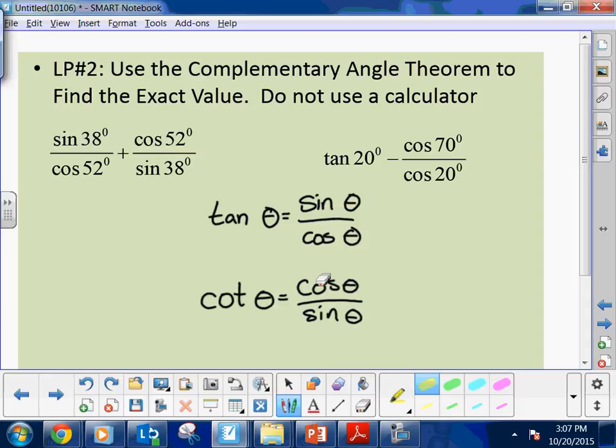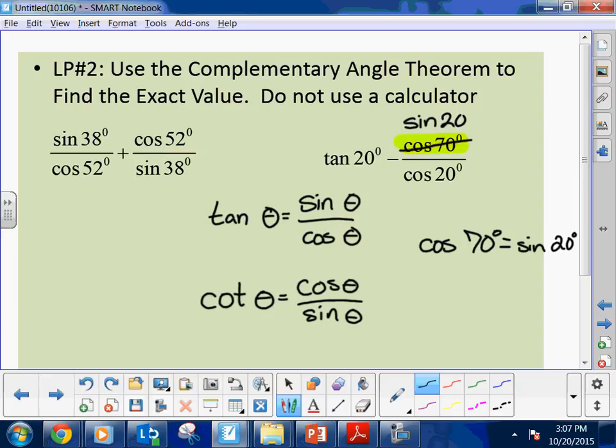The quickest way to explain to you is take the cosine of 70 degrees. And we know that that equals the sine of 20, right? So if I have the sine of 20, that means I could cross this out and substitute directly the sine of 20 degrees.